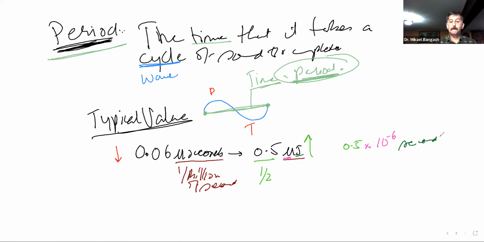But this 10 raised to the power minus 6 here means that this number is going to be a 6 decimal number.